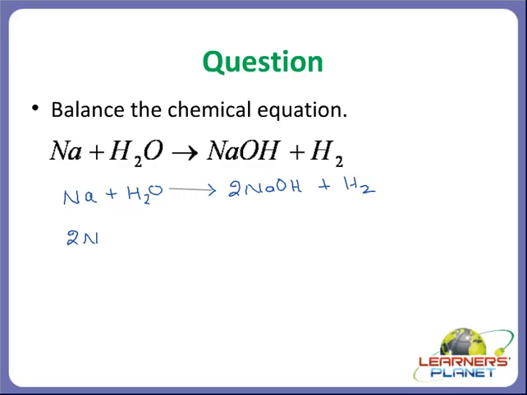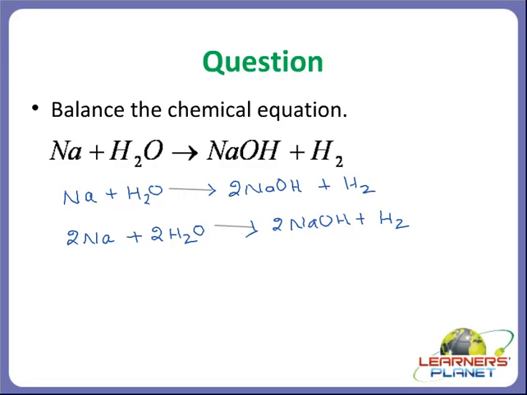If I'm making 2Na, it means my Na is balanced. Okay, 2H2O. Now what is to be put this side is, now is our equation balanced, children? 2NaOH plus H2.